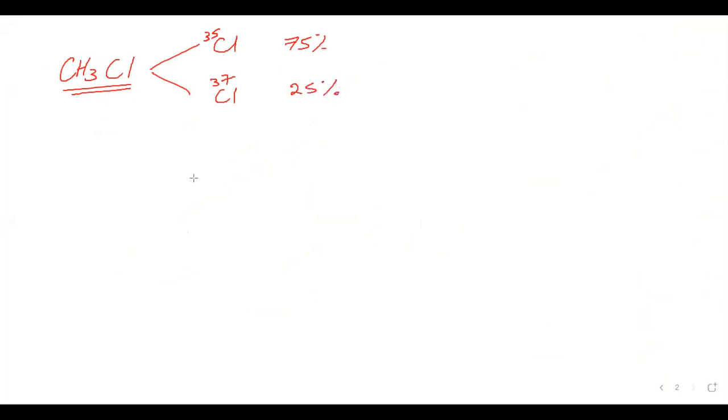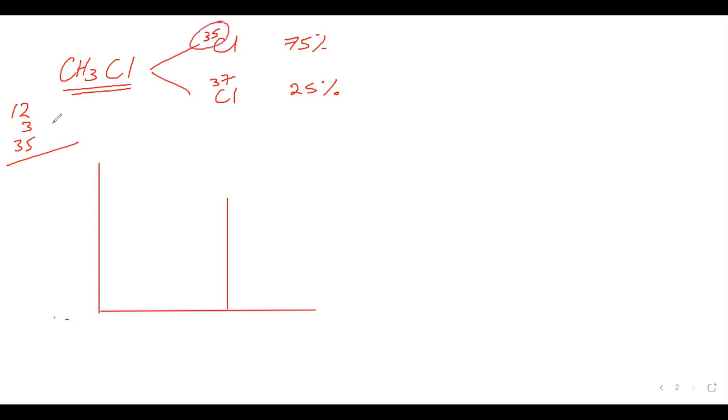So at the beginning, you will get the molecular ion peak of the molecule. Its molecular mass will be 12 for carbon, 3 for hydrogen, and 35 for chlorine. This is the isotope 35.